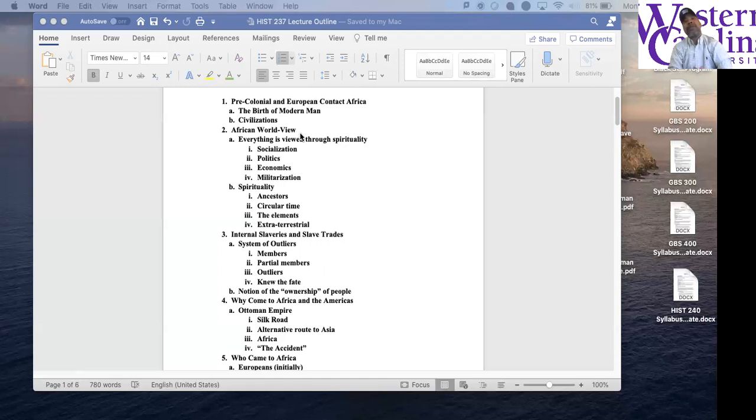Those notions of politics and how politics operates were viewed and evaluated through the lenses of spirituality. Changes to those political structures, evolutions to those political structures, viewed through the lenses of spirituality.